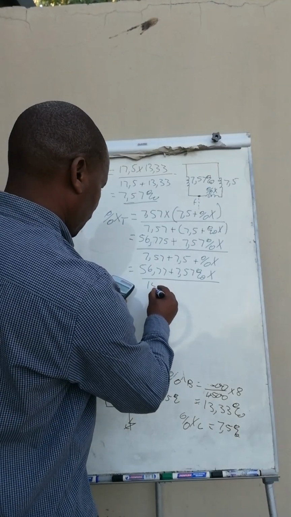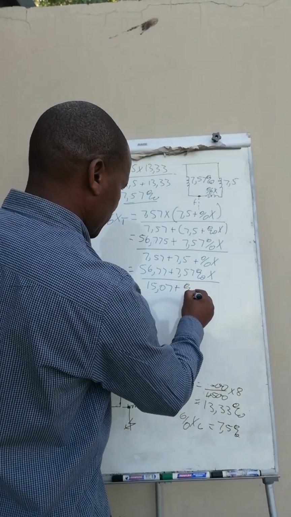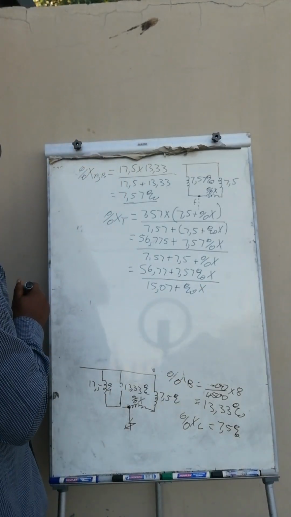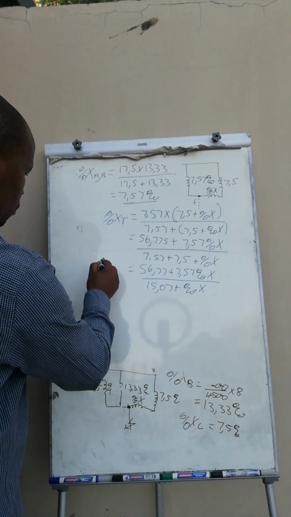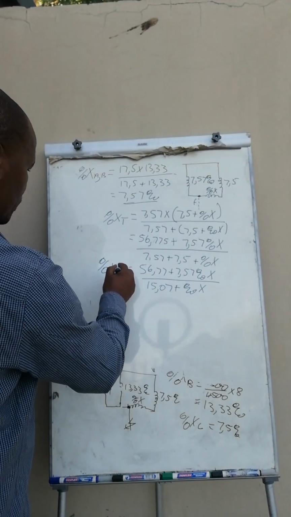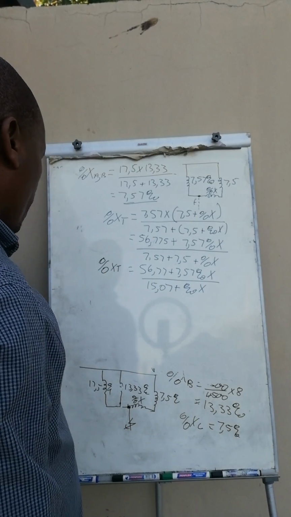Answer is 15.07 plus percentage X. I've just added the like terms there. Right, it is equal to our percentage X total.